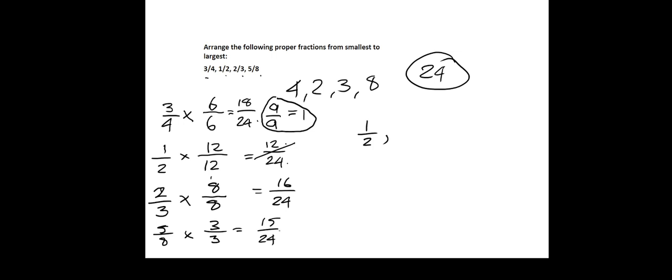Well, 15 over 24 is the next one up, and that is 5 over 8. 16 must be the next one up, which isn't 16 over 24, although it is, but we want it back in the original form, which is 2/3. And lastly, 18 over 24 must be the largest, and that is 3/4.